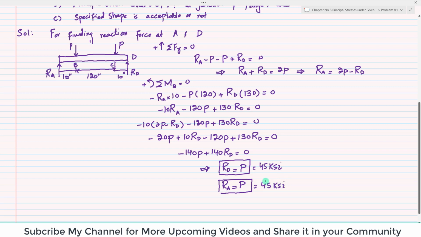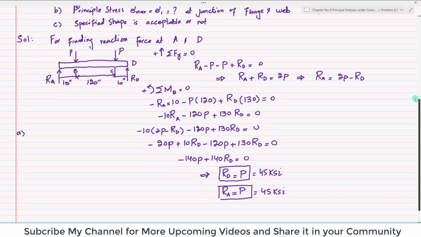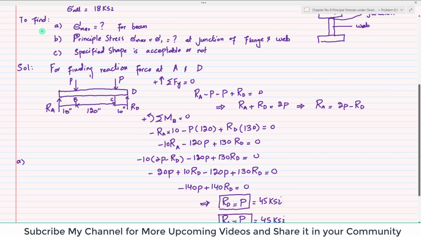Now we will move toward our first part, that is, you have to find the maximum stress for the beam. And we know that for maximum stress we have a formula: maximum moment divided by section modulus, which is S. Clear?